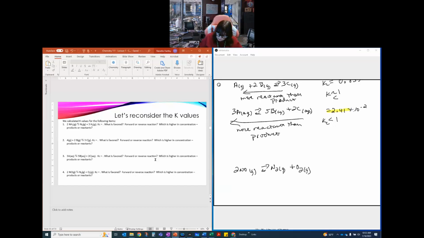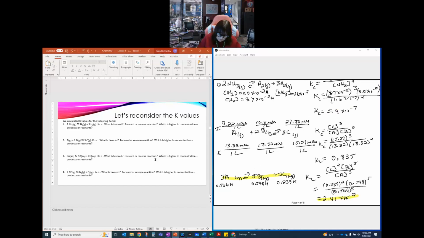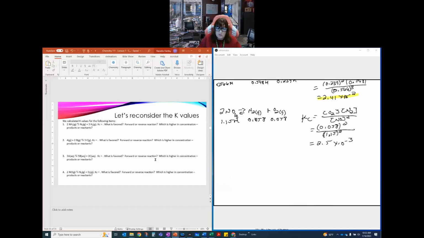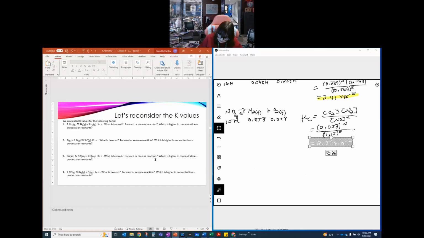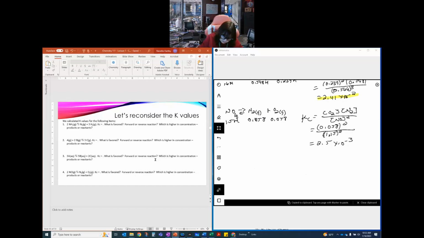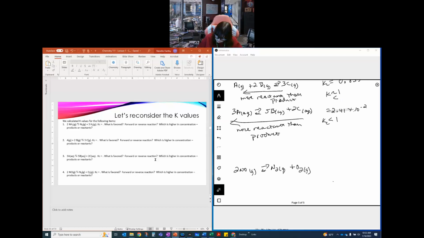And the last one we had previously done was 2NO. So 2NO goes to N2 plus O2, this last one that's written here. The answer that I got for that calculation is 2.5 times 10 to the minus third.